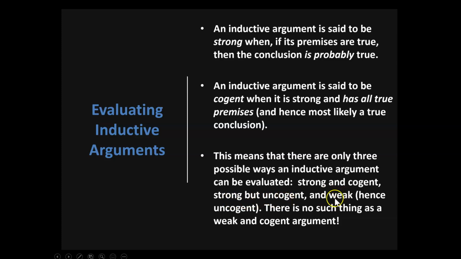Or it could be weak, which automatically makes it uncogent. It means that if it failed on the logic, it automatically fails the whole thing. It's to be tossed, right? So in other words, there's no such thing as a weak but cogent argument.